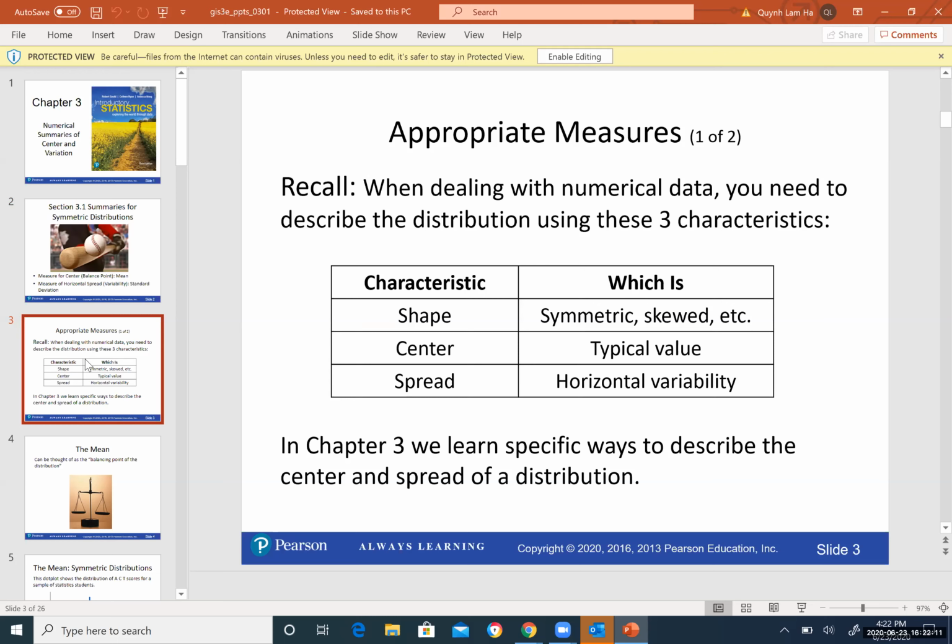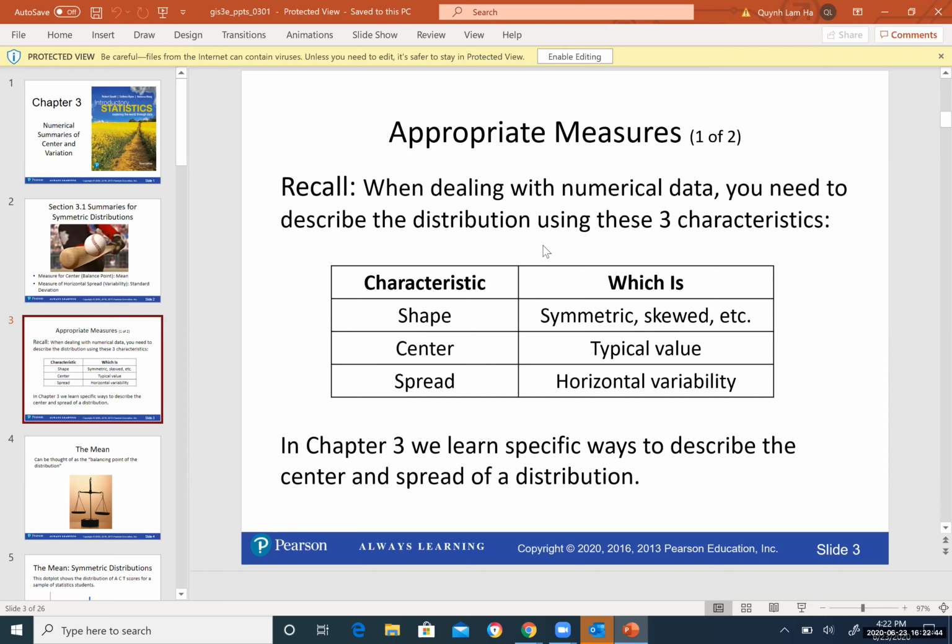So, appropriate measures. Let's recall when dealing with numerical data. You know numerical data, right? We have two types of data: numerical data and categorical data. When you're dealing with numerical data, you need to describe the distribution using three characteristics below: shape, center, and spread.